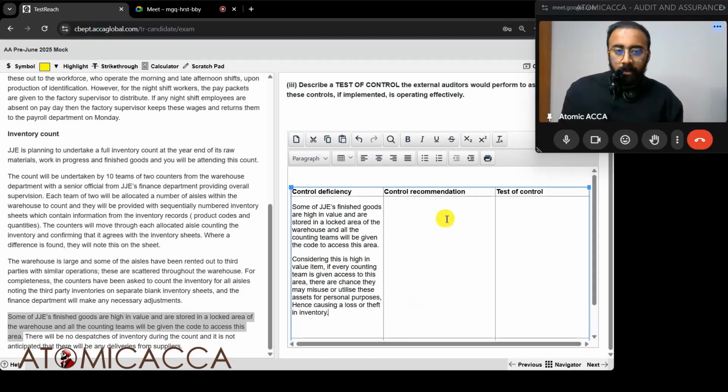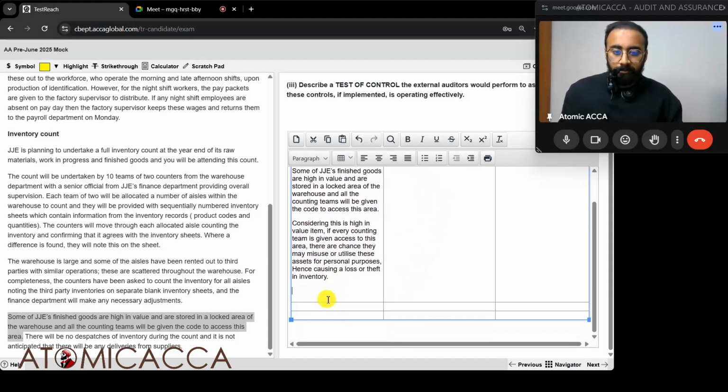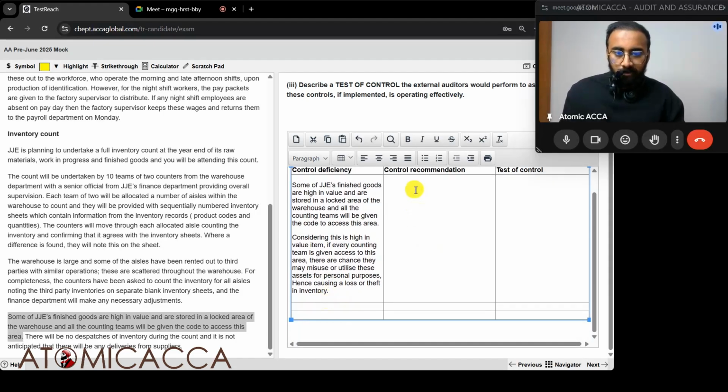Cool. What can be the control recommendation? First thing, start writing the flip points. Finished goods are stored in a locked area where all counting teams will be given a code to access this area. So first thing, all team members should not be given an access to this area. The locked area's access code should not be given to all counting teams.